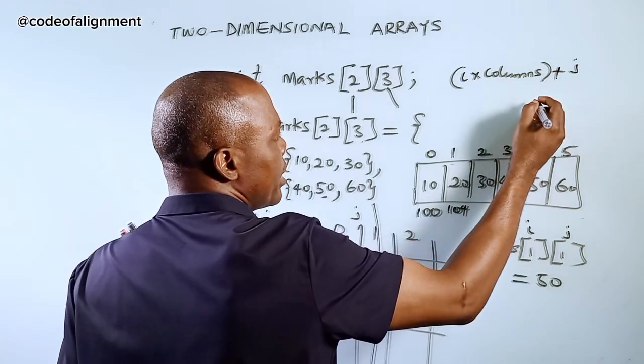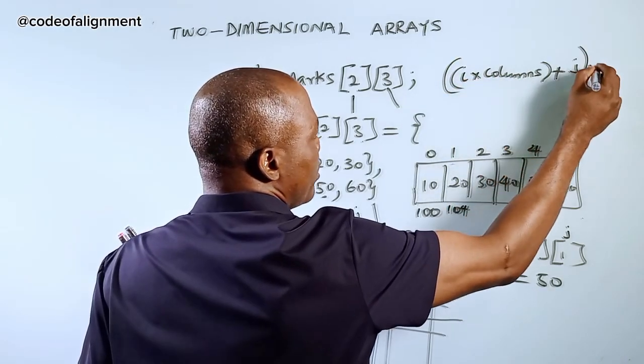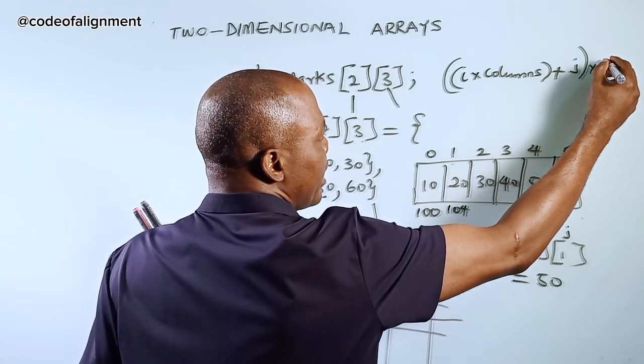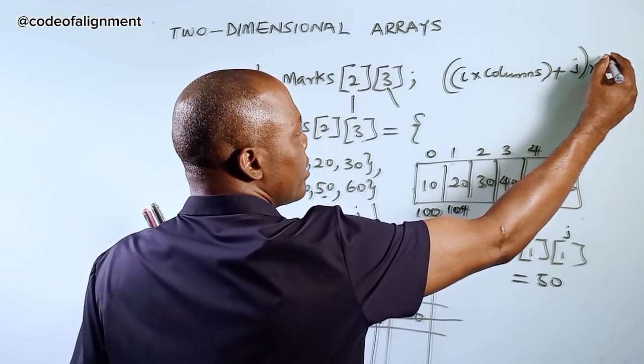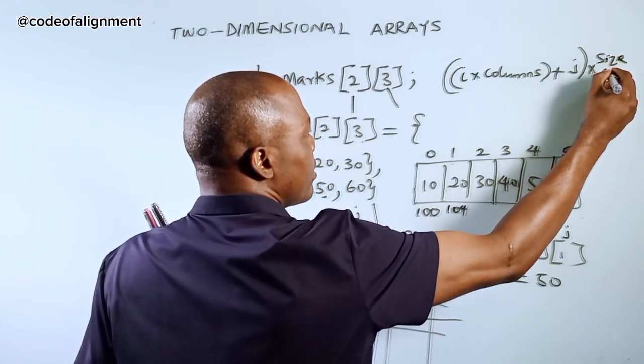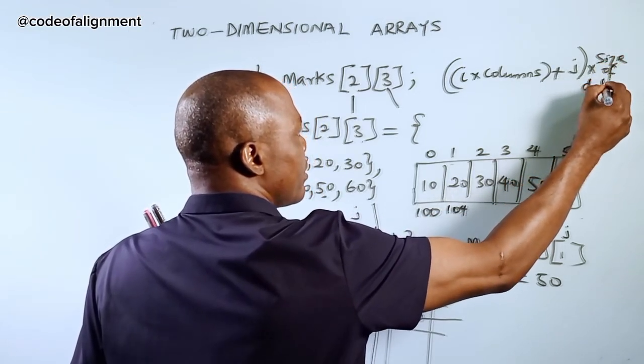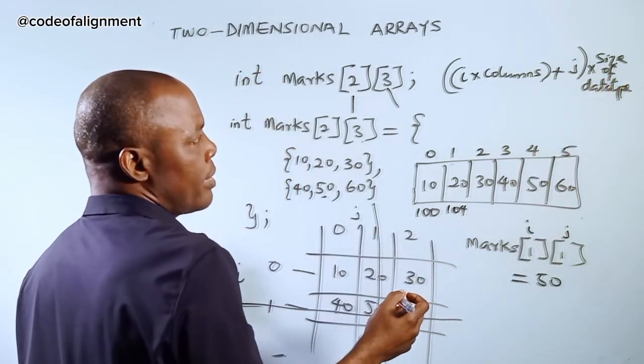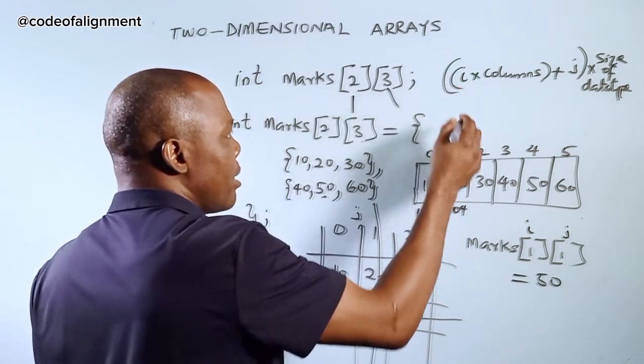Plus J, multiplied by size of integer. That is size of data type. So data type is 4 bytes.